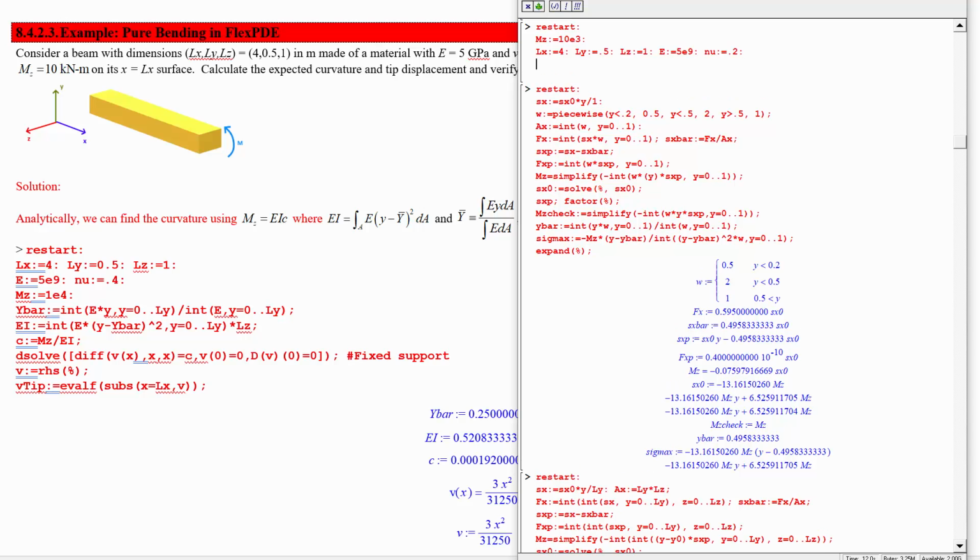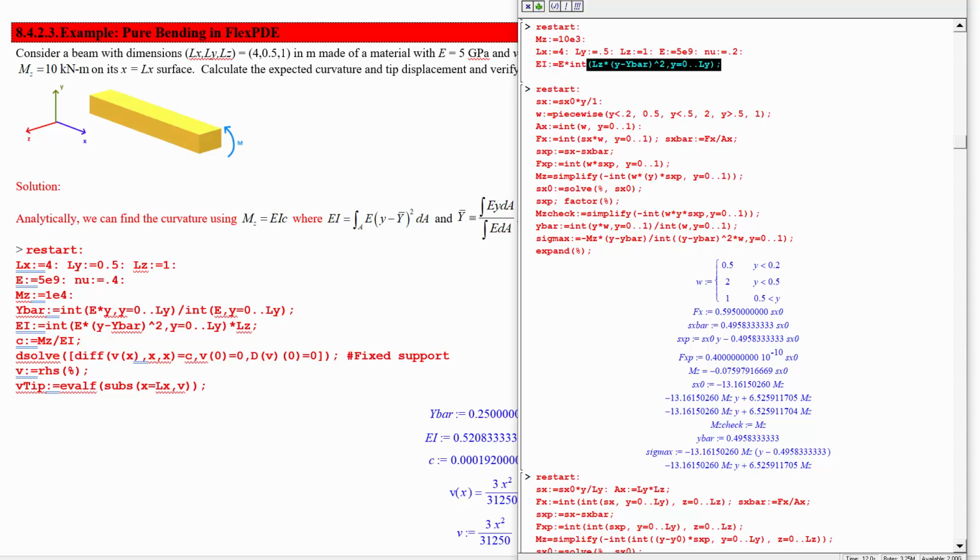So let's see. We're going to figure out EI. EI is equal to E times, we could integrate, well, we could even do it once. Integral of Lz times y minus y bar squared from y is 0 to Ly.